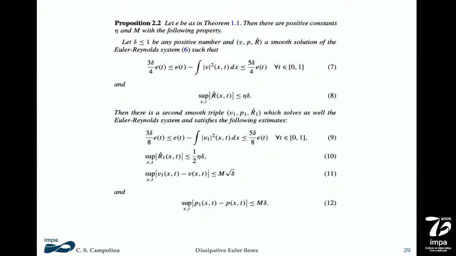Then we perform it again with a different delta, and we obtain a second triple with delta over 4, then delta over 8, and so on. So we construct a sequence of solutions just using this inductive process. And we can see that the Reynolds stresses are going to vanish because delta is vanishing. And the energy of the flow is converging to the prescribed energy, because delta is vanishing both from below and from above.